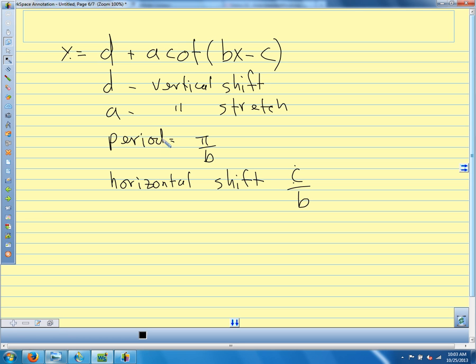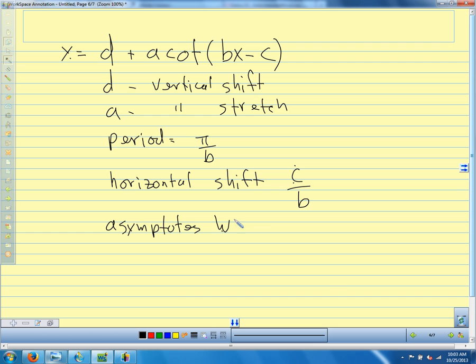So the main difference here is where our asymptotes are going to be found. We're going to find our asymptotes where bx minus c, I'm going to set that equal to 0 to find one asymptote, and bx minus c equals pi.